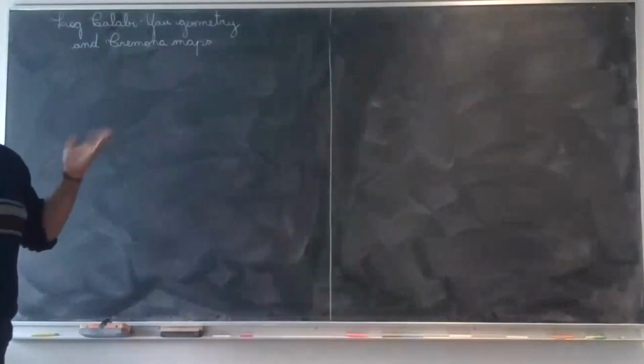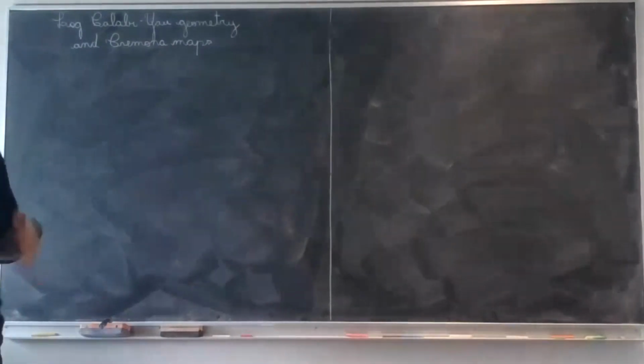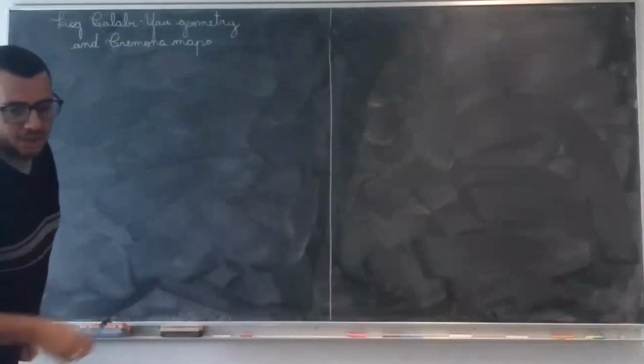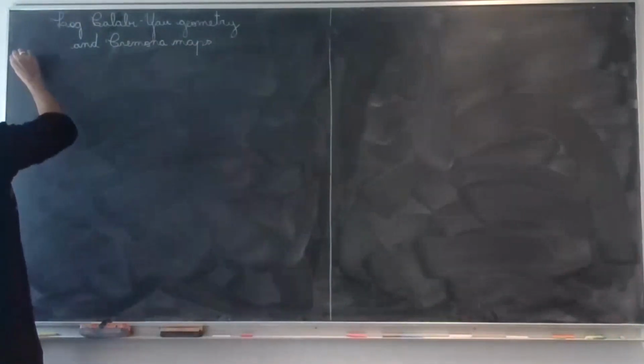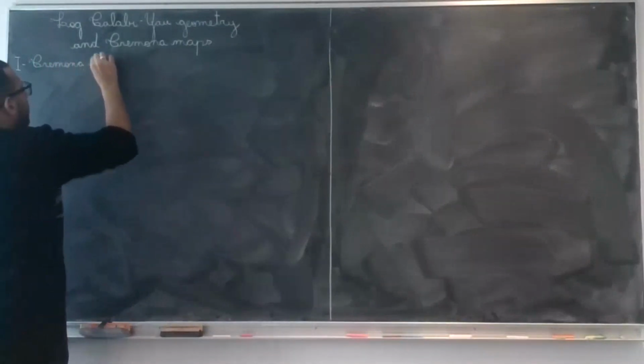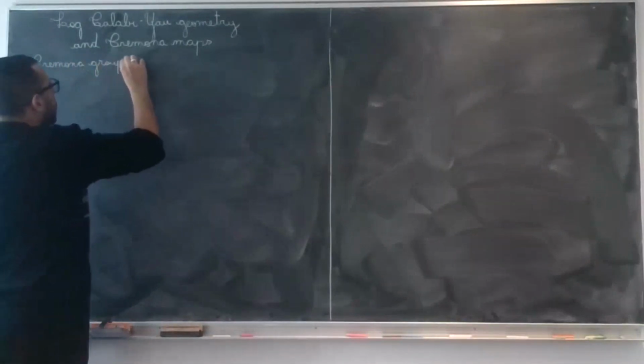So I will talk about the work during my PhD and the work that I'm trying to continue in this postdoc. First, I will give you just some words about the Cremona groups and the Sarkisov program.